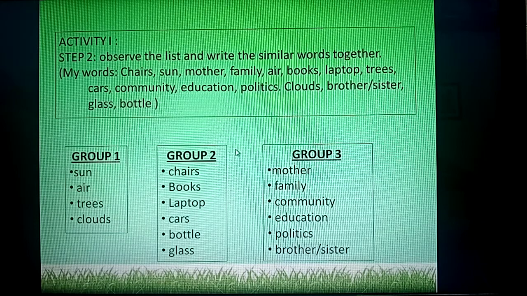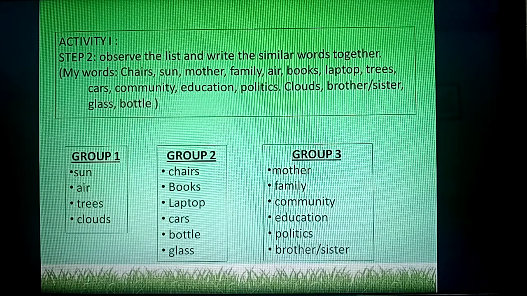Now, in step 2, you have to observe your list and write the similar words together. For example, I have divided my words into 3 groups. In the first group, I have written sun, air, trees, and clouds, as they all are natural things.